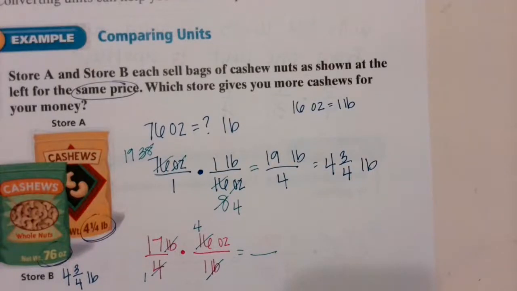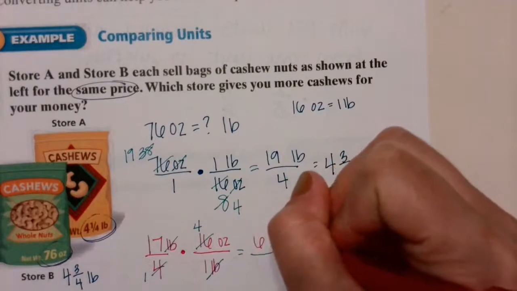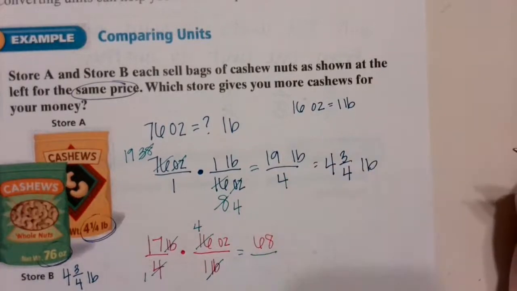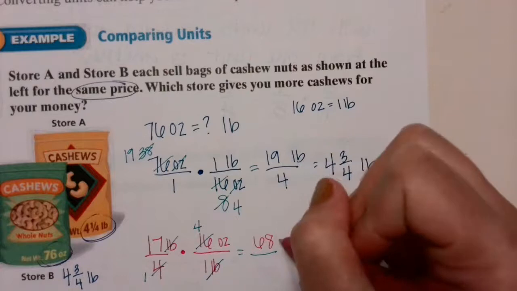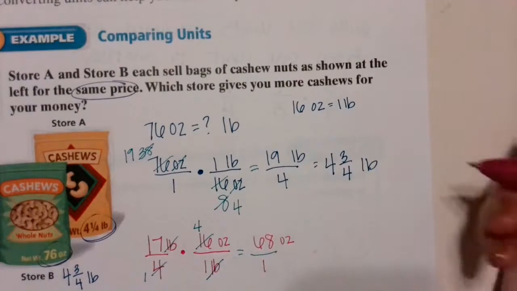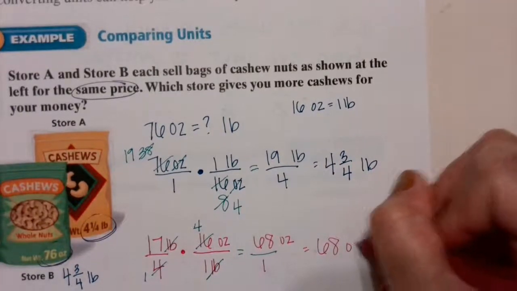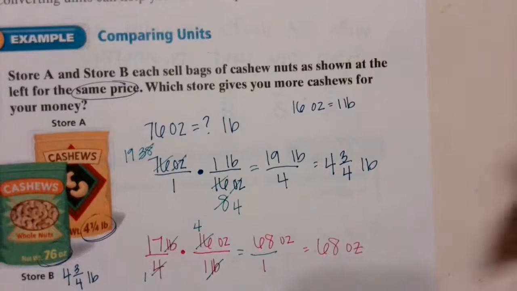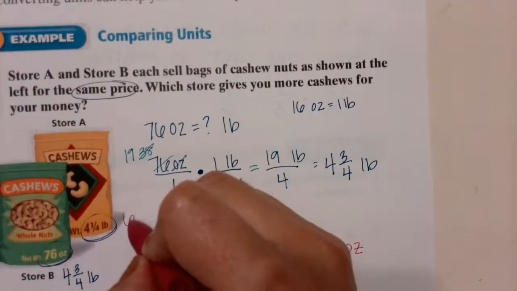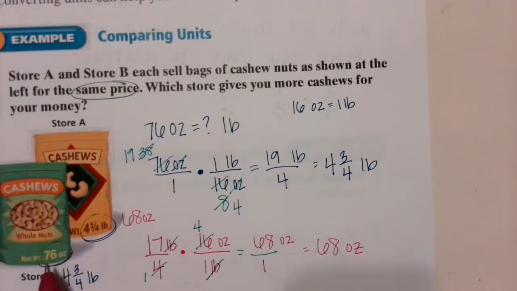Multiply straight across, 17 times 4 is 68, and that will be ounces on top, and there's just a 1 on bottom, so 68 divided by 1 is 68 ounces. So it looks like this one was equal to 68 ounces, which makes sense because it should be a little bit less than this, since this was 4 3/4 pounds compared to the 4 1/4 pound.